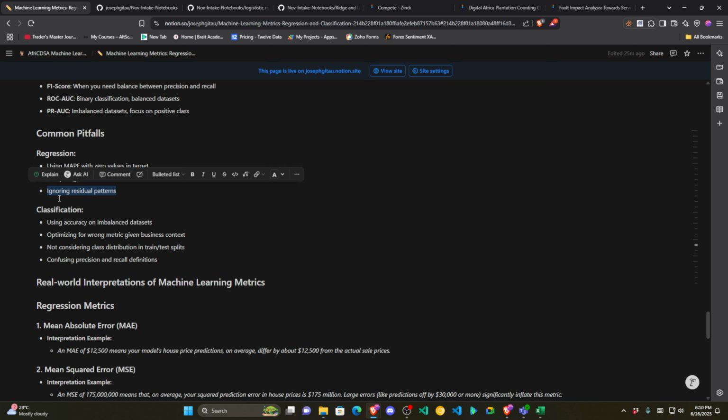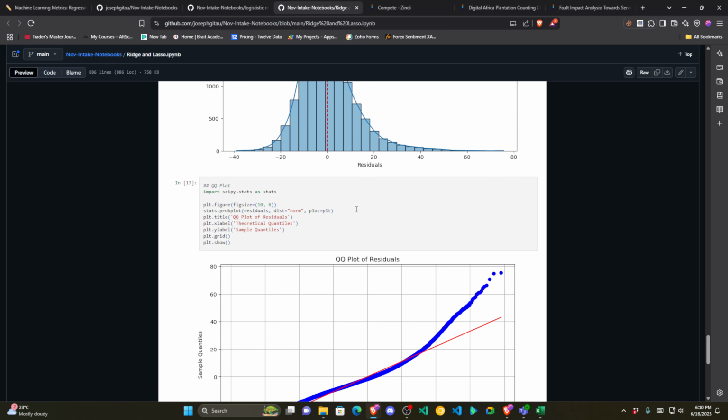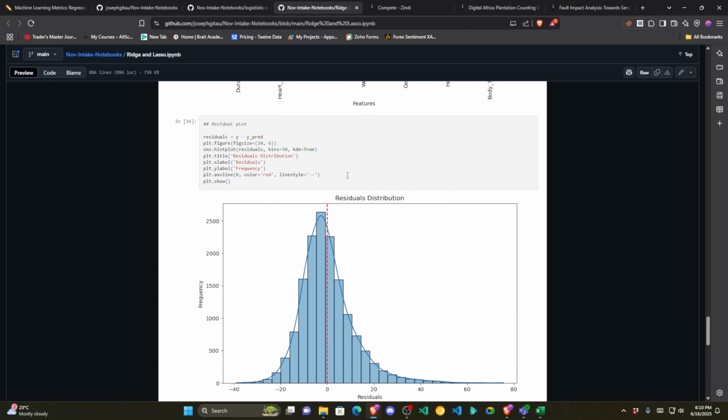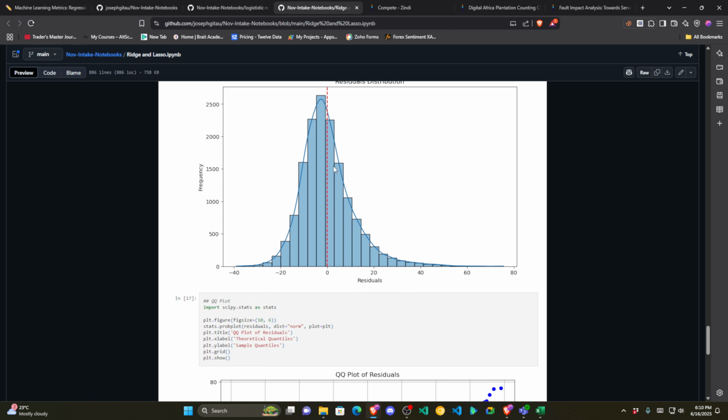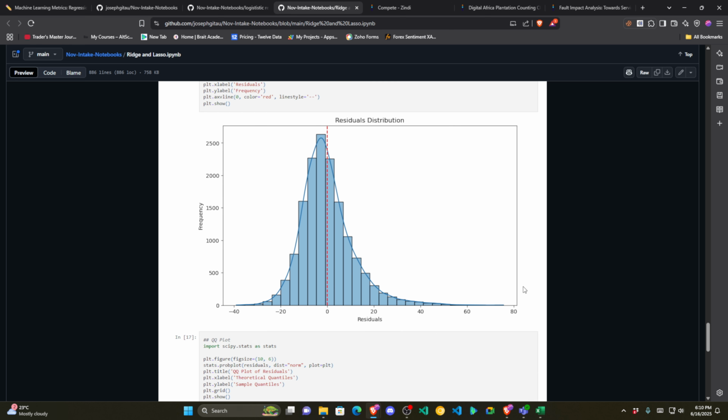The last thing that you might experience in regression is ignoring the residual patterns. Remember, when I was training you in the introduction to regression classes, I showed you how you should look at the residual distribution in your data. So if the residuals are not normally distributed, what are you supposed to do to fix that model?